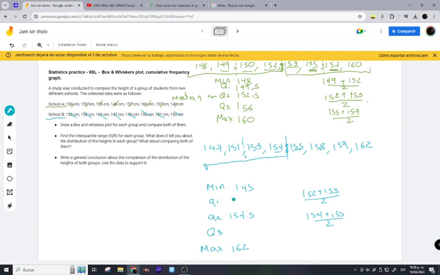In this case, the result is 152.5. And for this, is between these two, 158 plus 159 over 2, which is 158.5. Those are the 5 values.